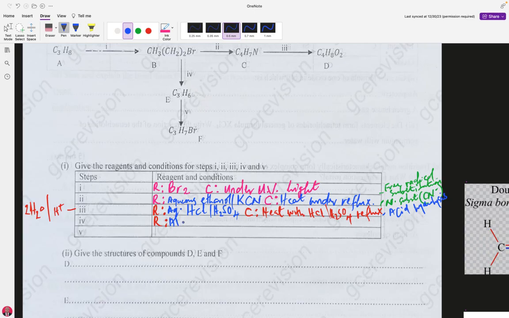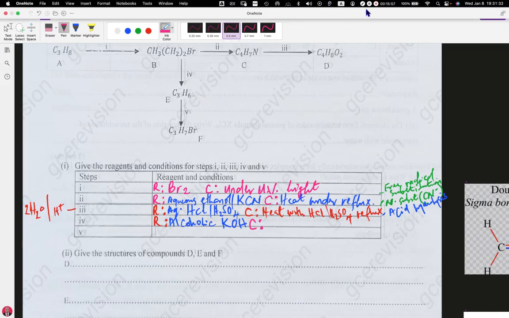What are the conditions? Just as I said, the reagent is alcoholic potassium hydroxide, and the condition is that you have to heat under reflux.